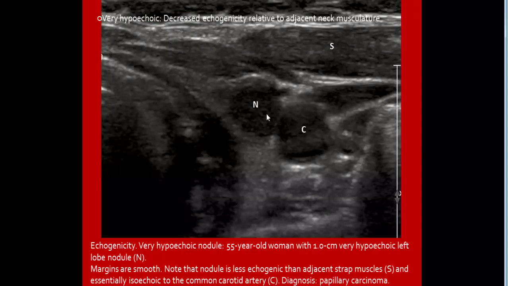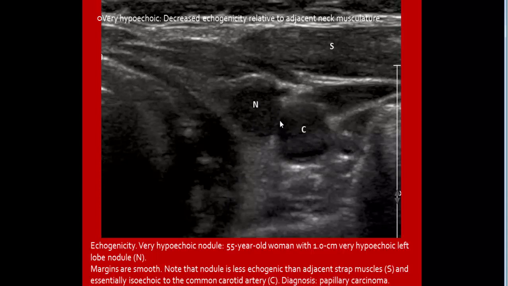Very hypoechoic: decreased echogenicity relative to the adjacent neck musculature. Relative to neck musculature, a low level of echogenicity in the nodule compared to the adjacent neck musculature means a very hypoechoic nodule. In these examples, a hypoechoic left lobe nodule.